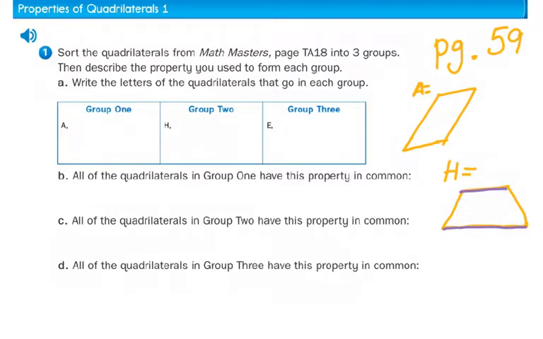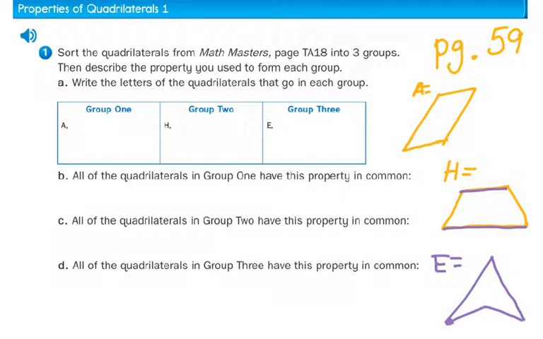All of the things in that group have to be like H. And in group 3, shape E looks like this. What other shapes would have something in common with E? So start with A. What other shapes would be similar to this?